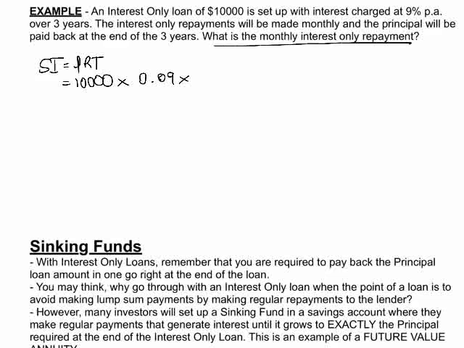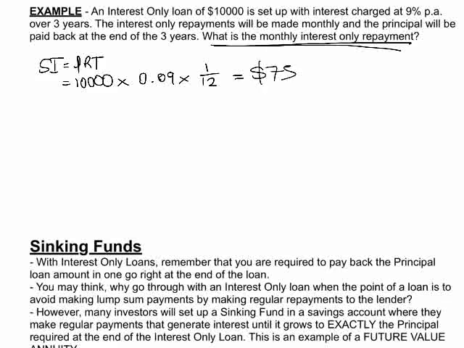So if T is the time in years and you want the monthly repayment, you could just multiply all of that by 1 divided by 12, and you'd get the answer straight away. If I put that in the calculator, it's 10,000 times 0.09 times 1 over 12. That'll give you $75.